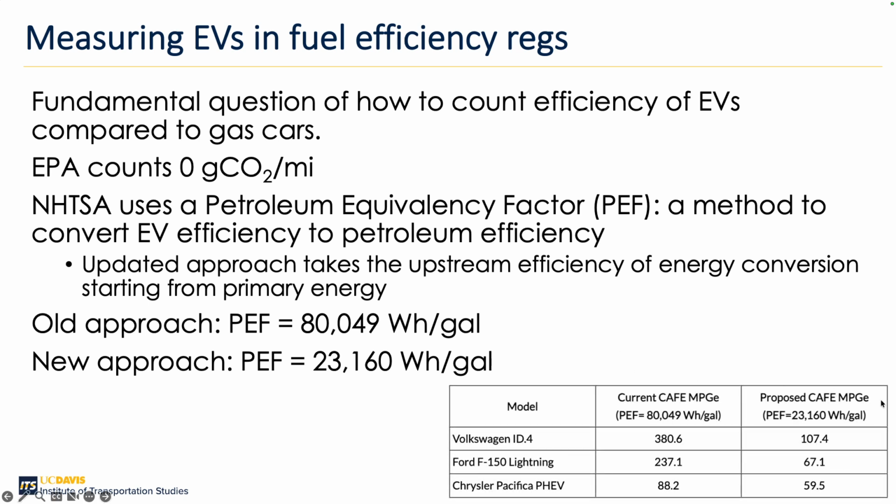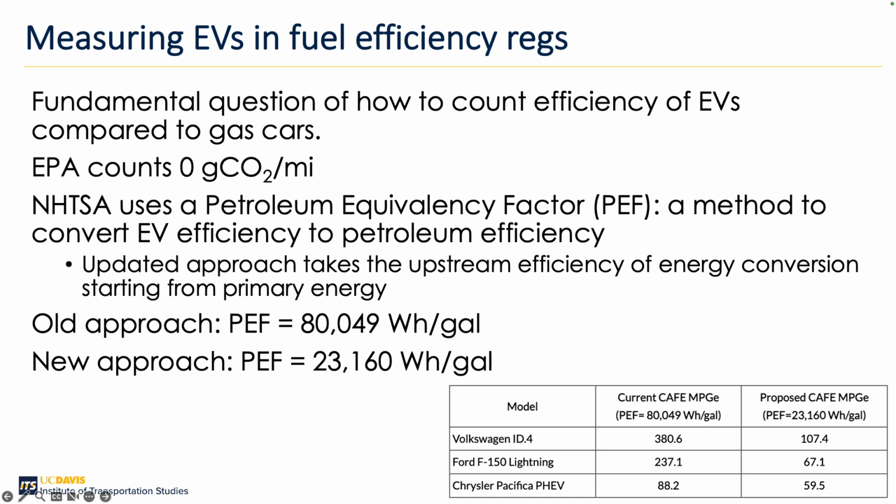Just to give people a sense of what that looked like, in the old way we did things, the CAFE MPGE, CAFE being the fuel efficiency regulations, for a Volkswagen ID4 used to be 380 miles per gallon equivalent, and now it's 107.